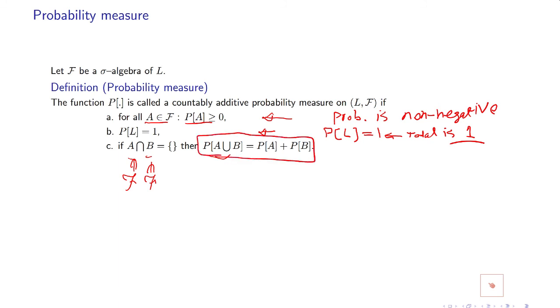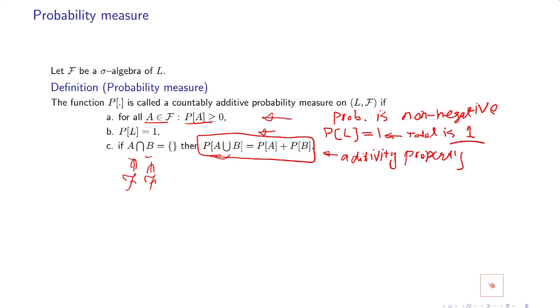This is called the additivity property. If you have these three properties and the sigma algebra, we have a probability space. We'll have some examples to learn it a little bit more.